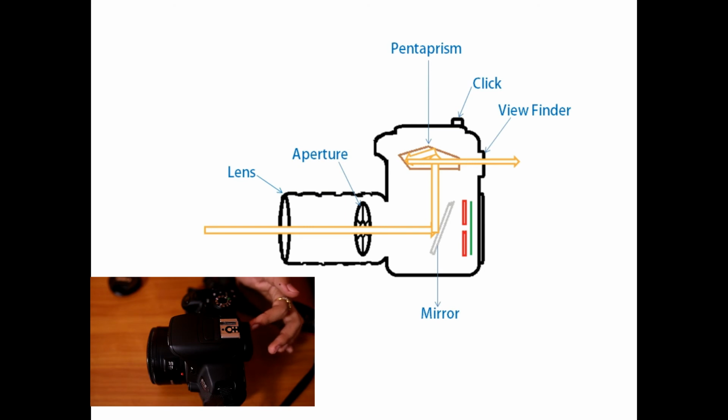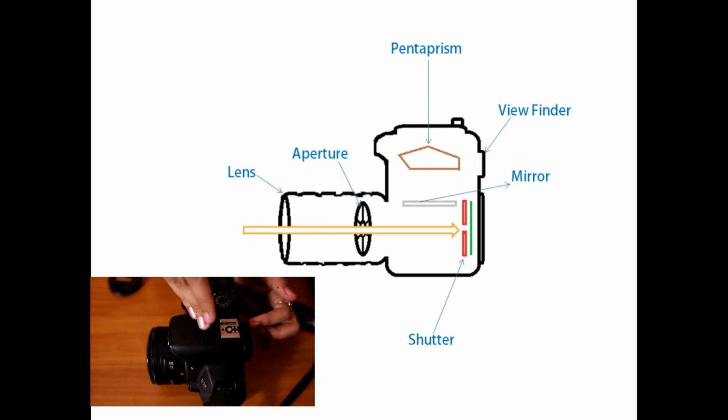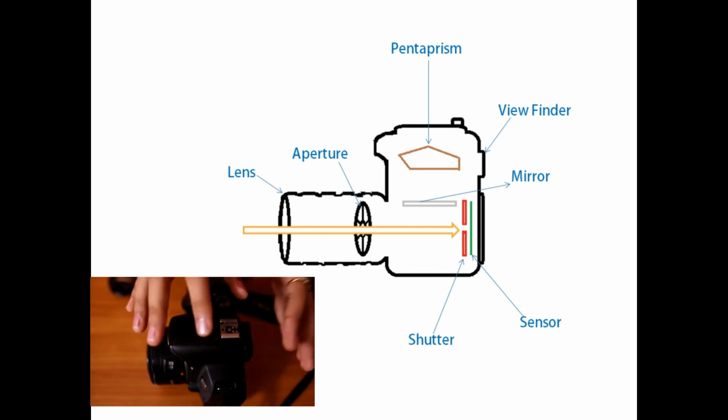So when you click an image, the mirror lifts up and the light passes through the shutter present behind the mirror. This shutter has two curtains or doors, one for allowing the light and the other for closing and thereby recording the information onto the sensor. The sensor is the brain of your camera.